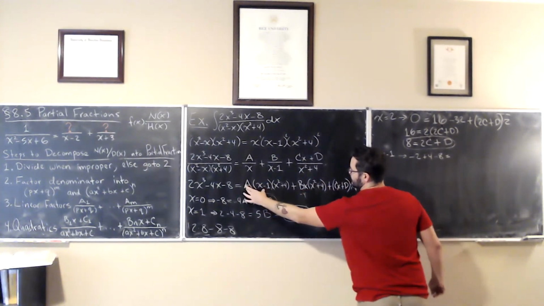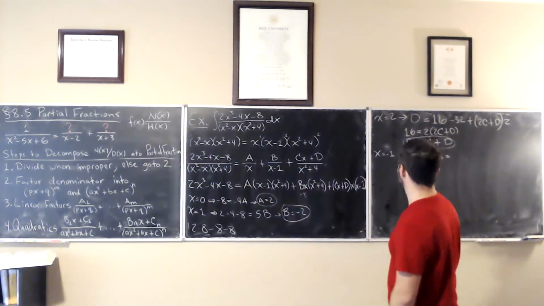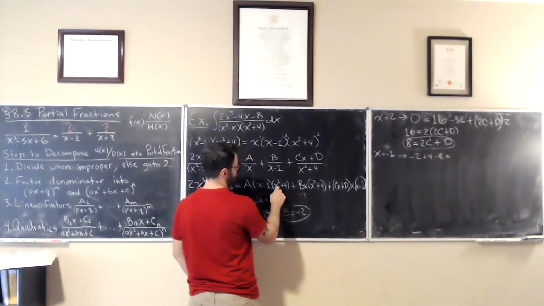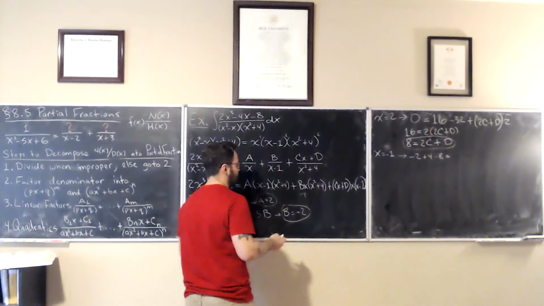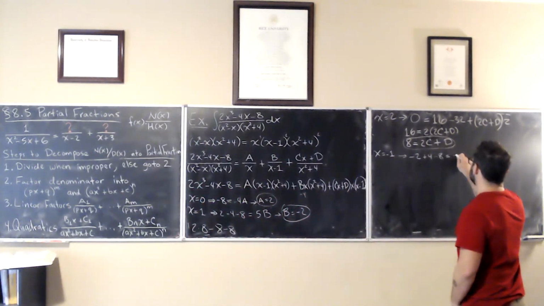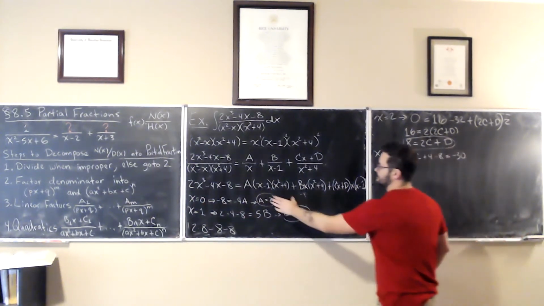And 8 is 2, so -6 times, so -1 squared is 1, so -6 times +5, that's going to be -30 here.